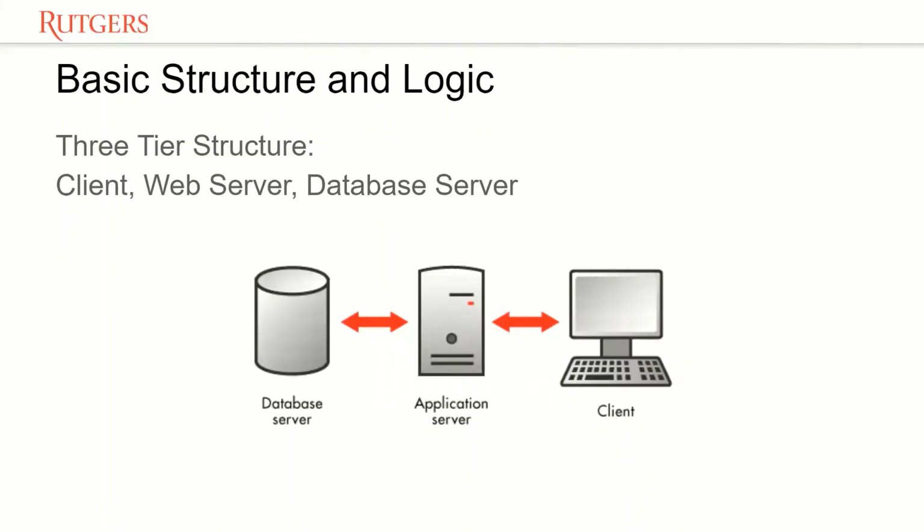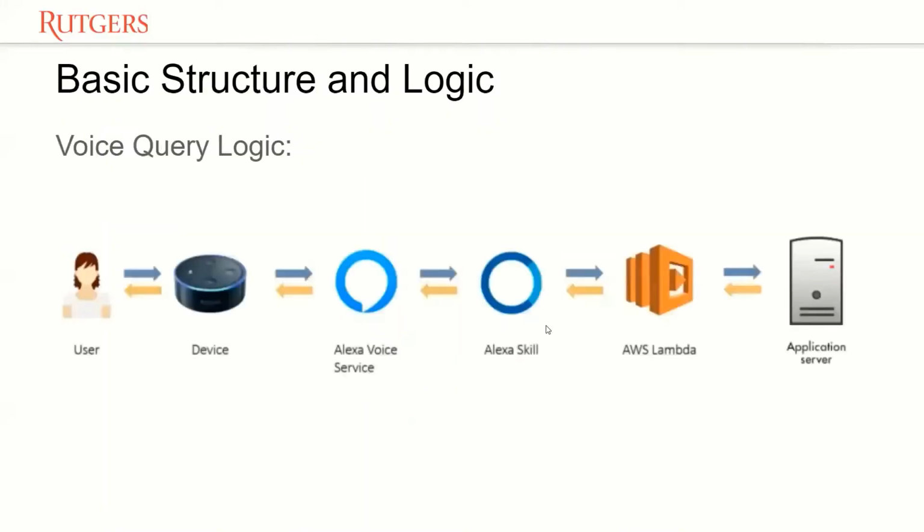Okay, let's continue. The voice query logic is that first, users say a query command to Alexa device like Echo Dot or smartphone. Then Alexa voice service will classify the command to a specific intent in Alexa skill. And query intent handler in AWS Lambda will be activated, and it will convert the voice command to a SQL query, and then send a HTTP GET request to our web server.